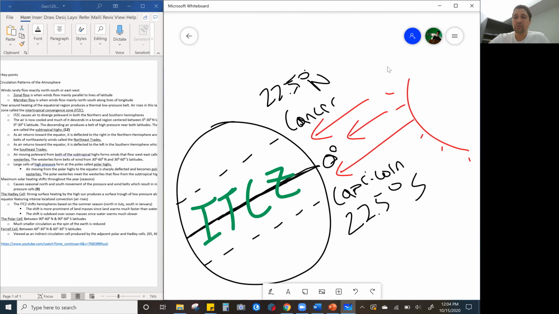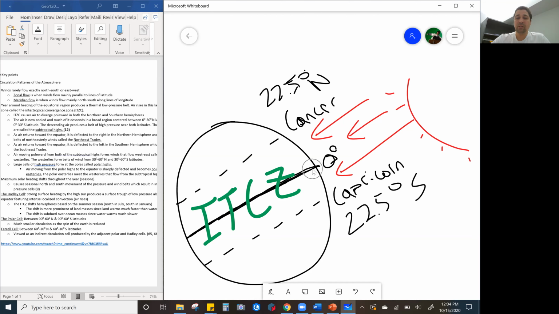As we said in that statement, year-round heating near the equator. Here's our sun, and we know the Earth is on a tilt. That doesn't really matter in this case because we're getting consistent vertical sun in this region.